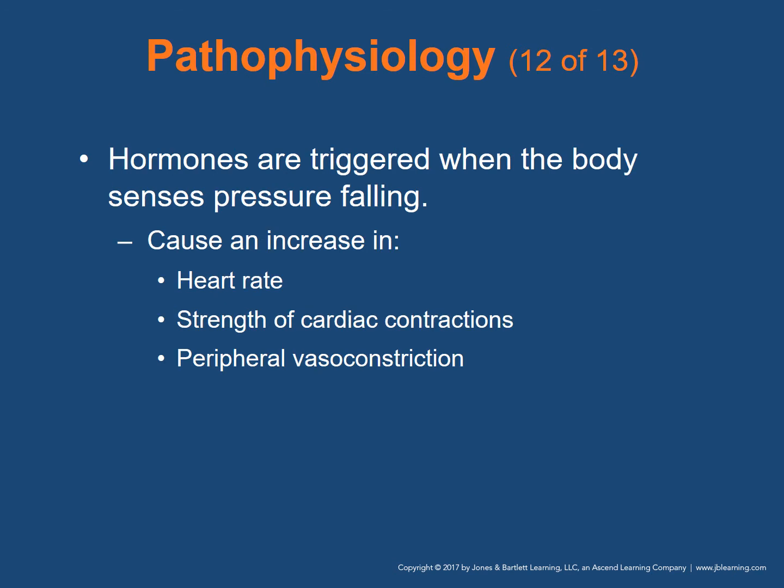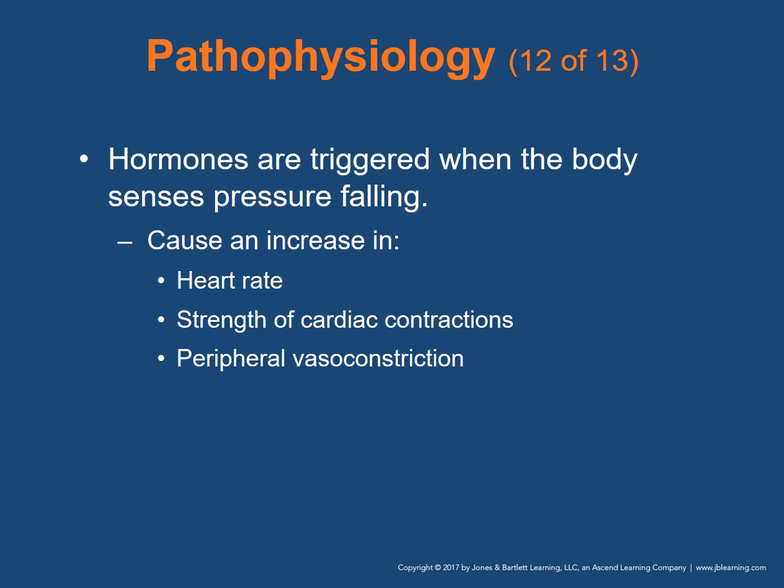We know that hormones sense pressure falling, chemoreceptors sense the waste in the bloodstream, and all of these will trigger a reactive response to ensure that the body is getting what it needs. So, for instance, hormones may recognize that there's low oxygen. And in order for the body to compensate, it may say, you know what, one of the best ways to get more oxygen to the cells is to move the blood quicker.